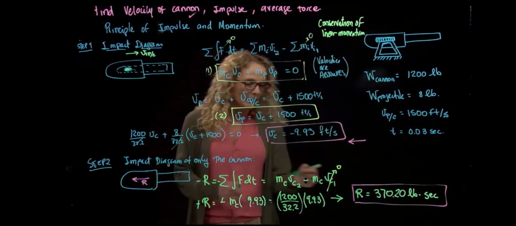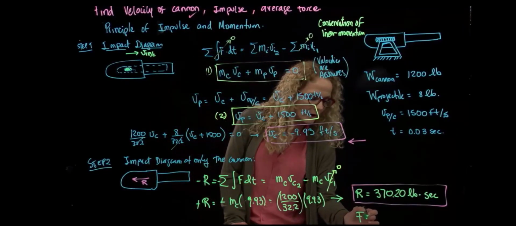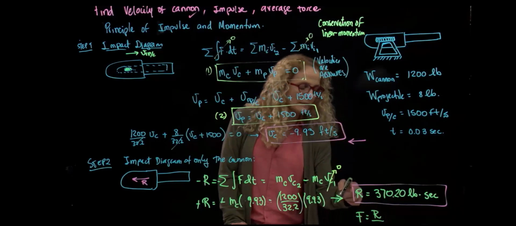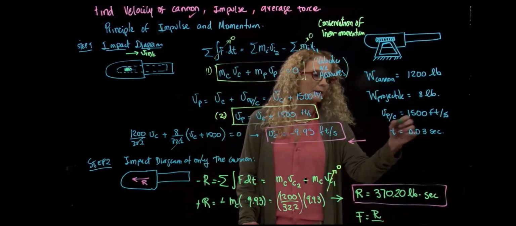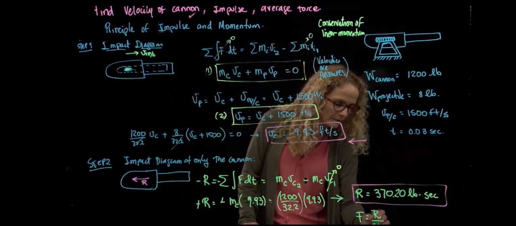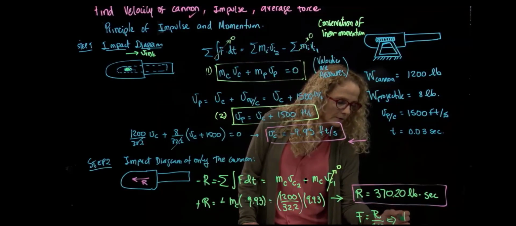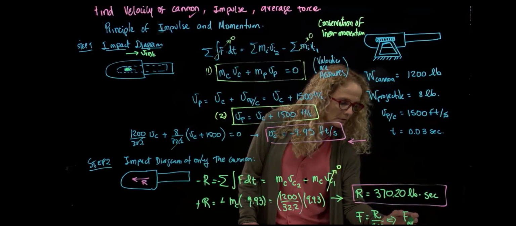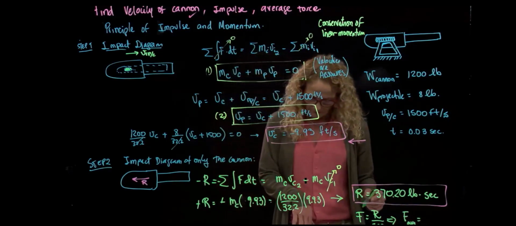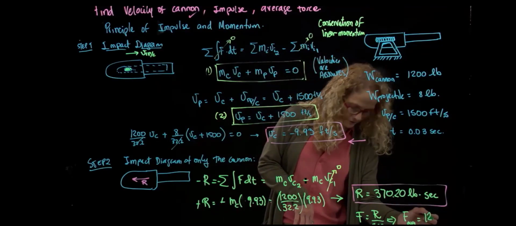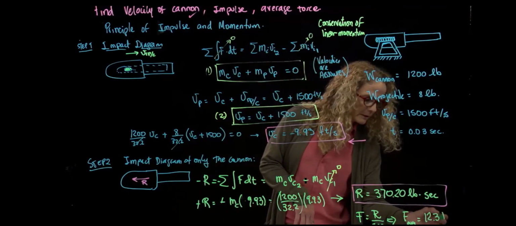At the end, we can calculate the force as the reaction or impulse divided by the time that the firing takes place, right? So therefore, my average force will be equal to this value divided by 0.03, which is equal to 12.3 kip.